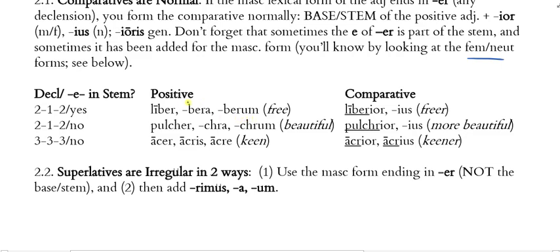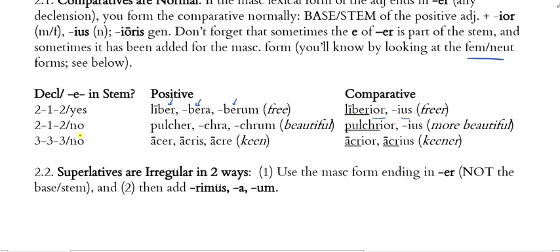Notice that the e is not only present here, but it's present in the feminine and the neuter forms as well. So that e is part of the stem. And so when I form the comparative, I take the stem with the e, liber-, and then I just add -ior and -ius to it. So liberior and liberius.